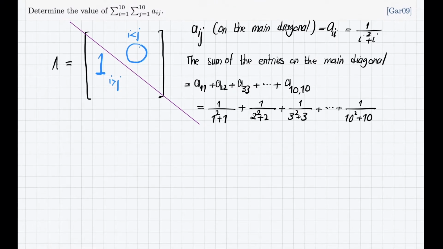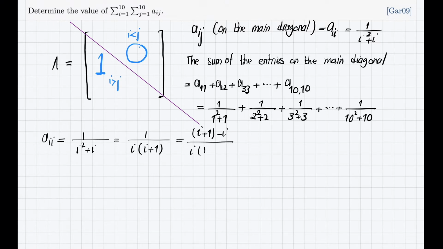If you see this generic term a sub i, I can write it in this form. I can write a sub i is equal, of course, to 1 over i squared plus i. But in the denominator, I can factor an i out. It becomes i times i plus 1. In the numerator, instead of 1, I can write i plus 1 minus i, divided by i times i plus 1.